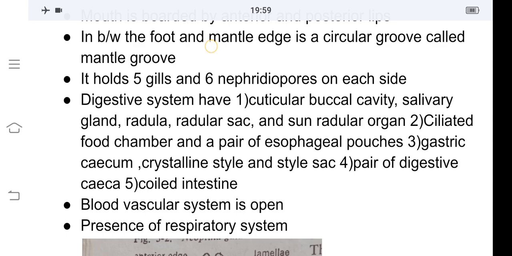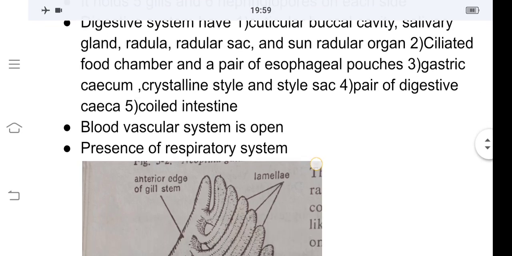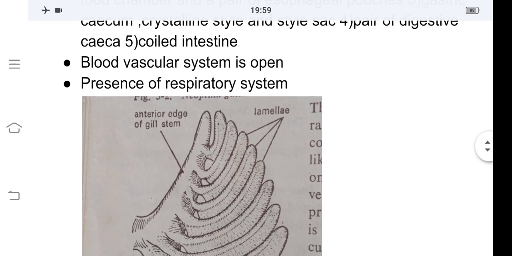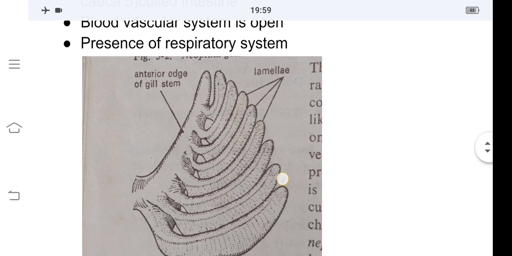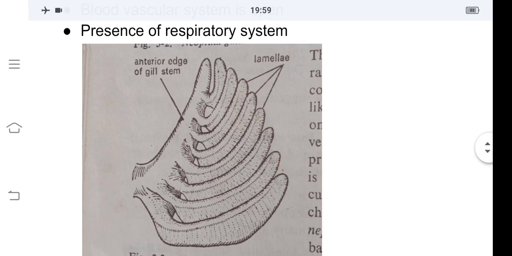Next, respiratory system consists of 5 pairs of monopectinate gills lodged in the pallial groove. Each gill has a gill axis and a single series of gill lamellae on one side of the axis. Ventral view of gills.